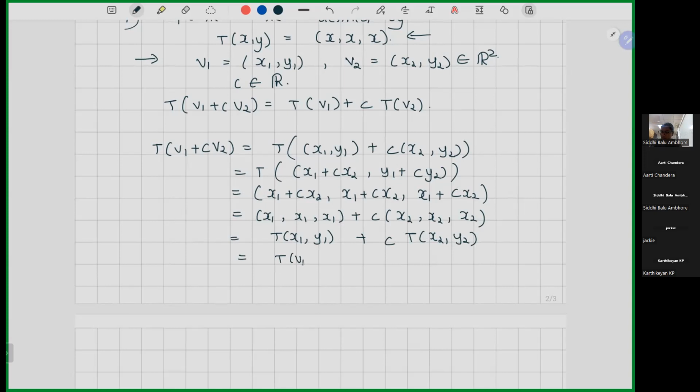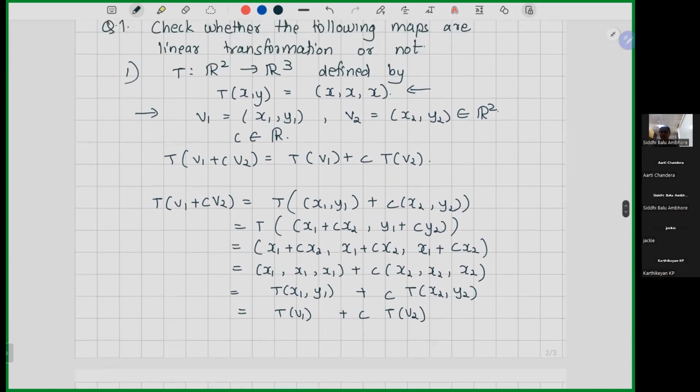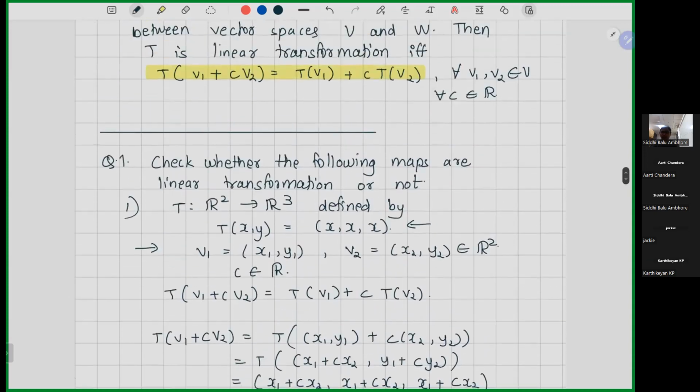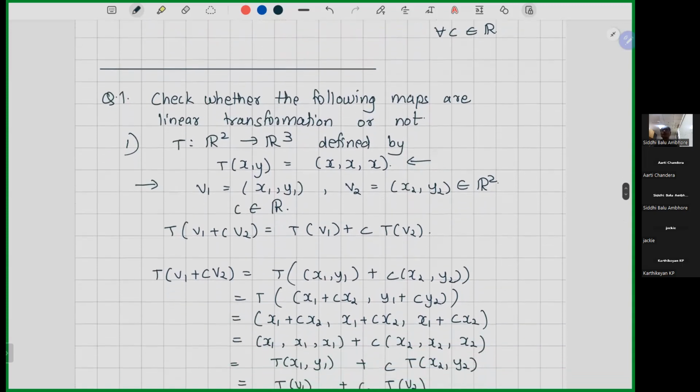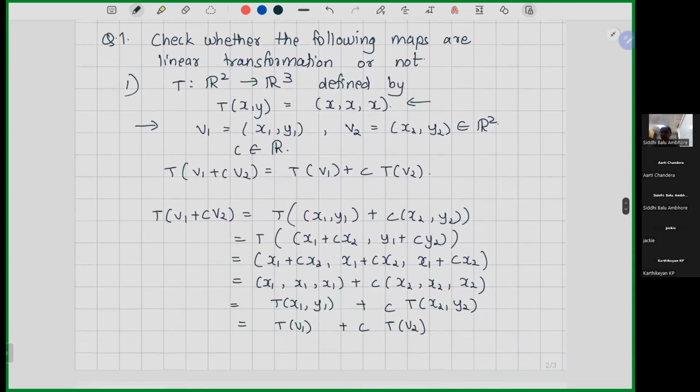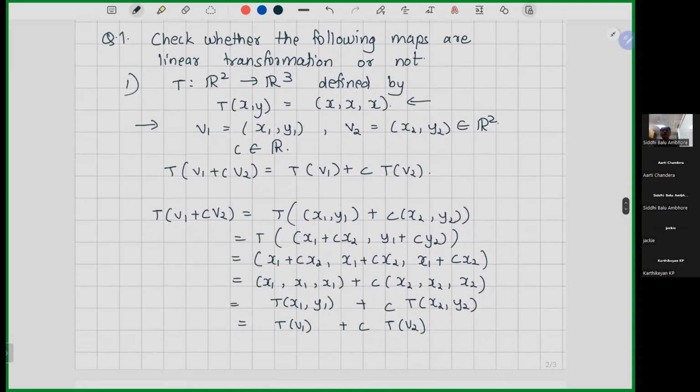This is T of V1 plus C T of V2. Okay, any doubt here? We just checked this condition, T of V1 plus C V2 is equal to T of V1 plus C T of V2 or not, and here we got it. Any doubts here?